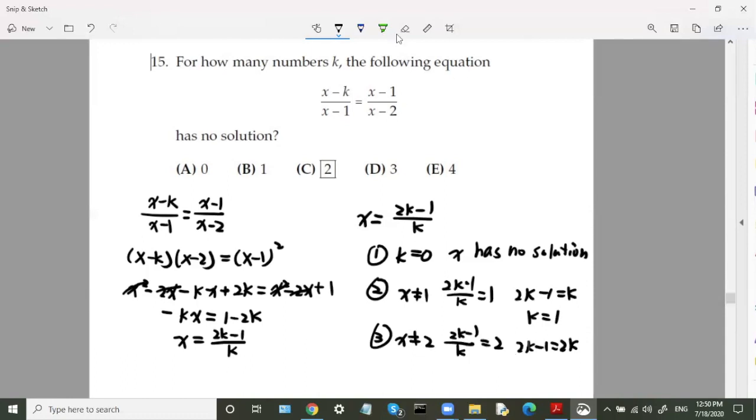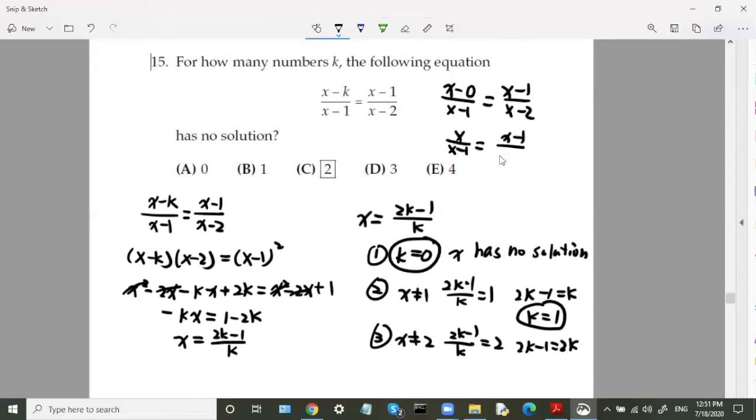Okay, so we just have these two values, k equals 0 and k equals 1. So let's plug in quickly. Okay, so k equals 0: (x − 0)/(x − 1) equals (x − 1)/(x − 2). So x over x minus 1 equals x minus 1 over x minus 2.